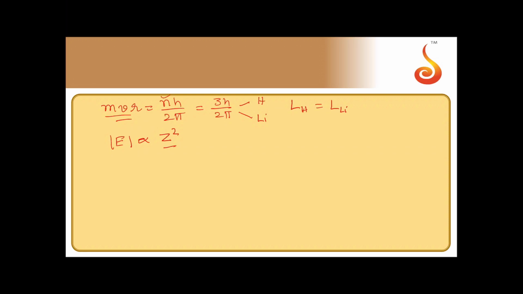So more is the value of Z, more will be the energy. So clearly EH is less than ELi. So from these two what we can conclude is LH is equal to LLi and EH is less than ELi. So that should be option B. So that is it.